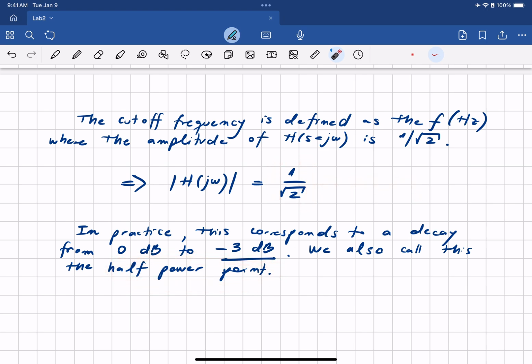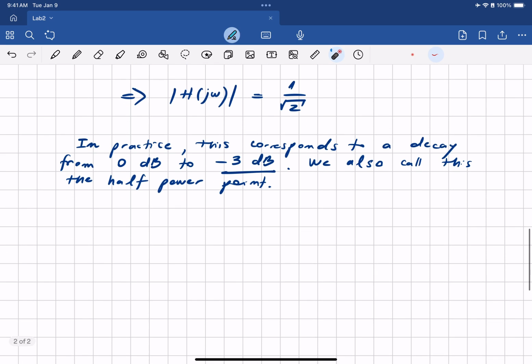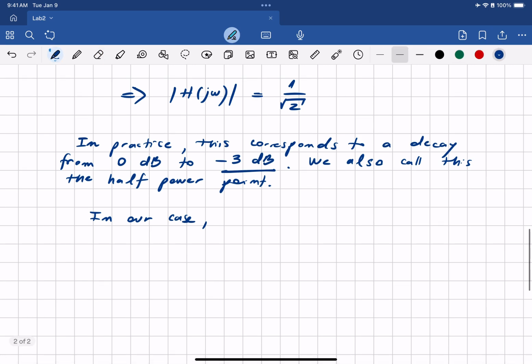So let's apply this definition to our case. In our case, we're going to have 1 plus s, which we change to j omega RC, equals 1 over square root of 2.